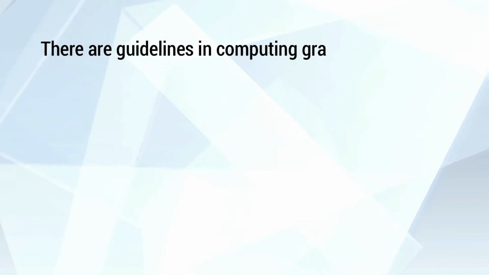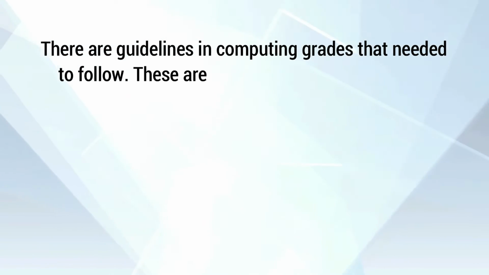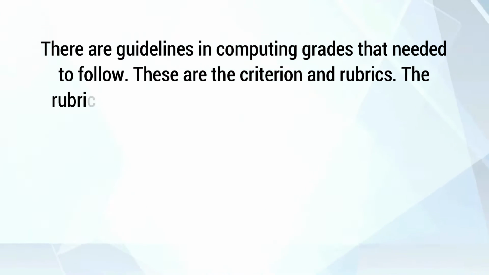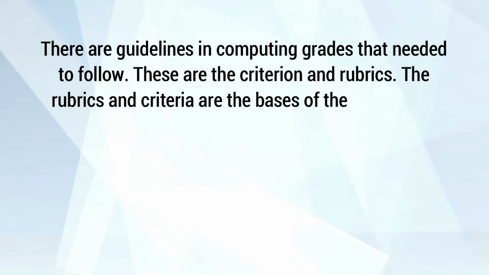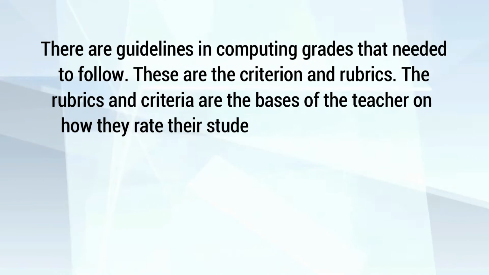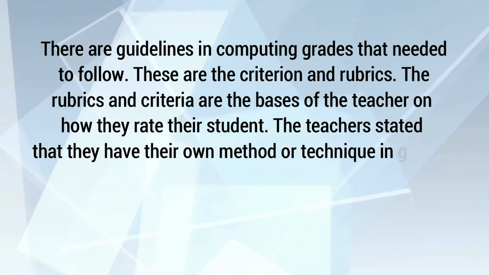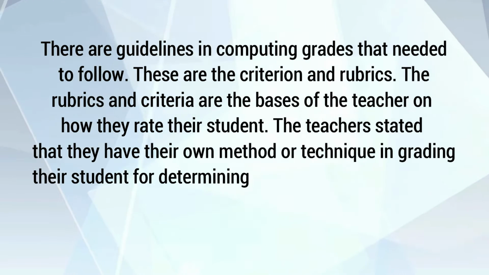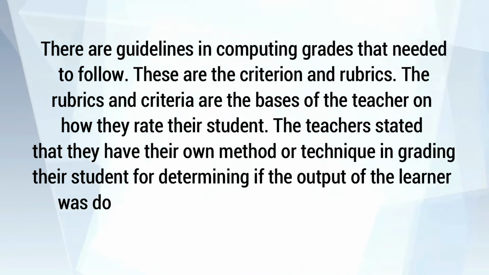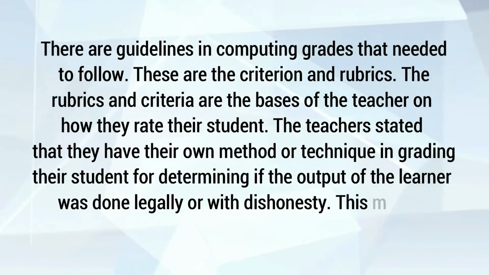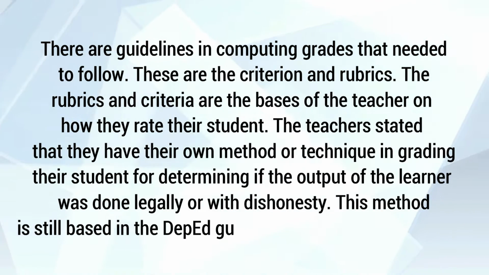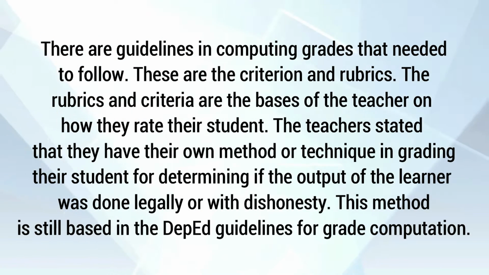There are guidelines in computing grades that need to be followed. These are the criteria and rubrics. The rubrics and criteria are the basis of the teacher on how they rate their students. The teachers stated that they have their own method or technique in grading their students for determining if the output of the learner was done legally or with dishonesty.